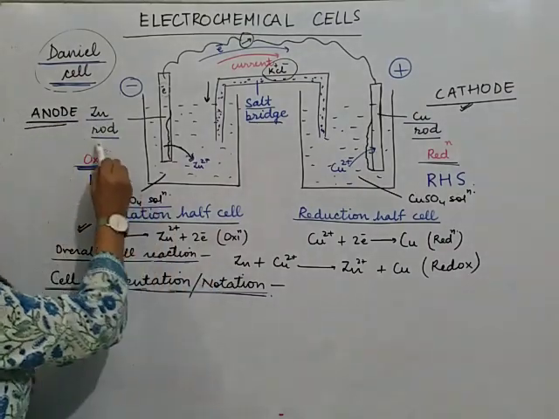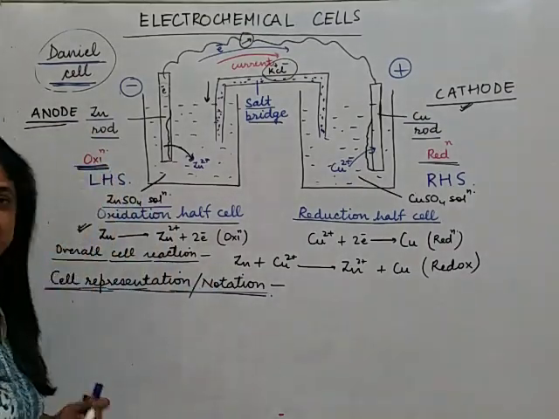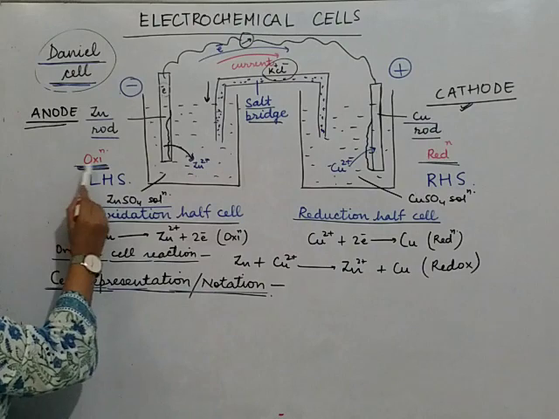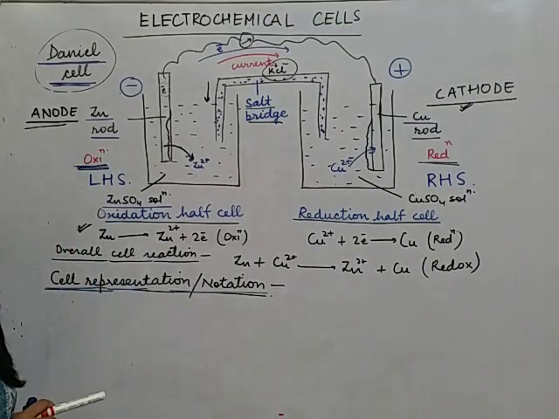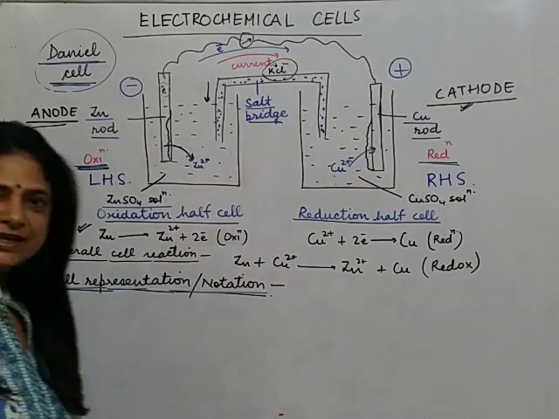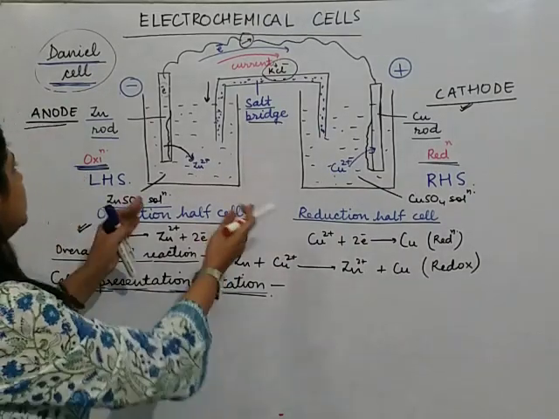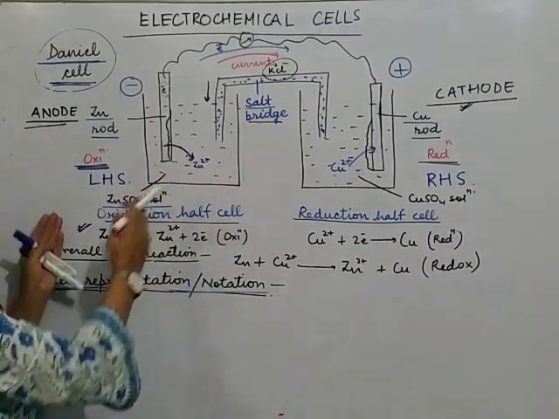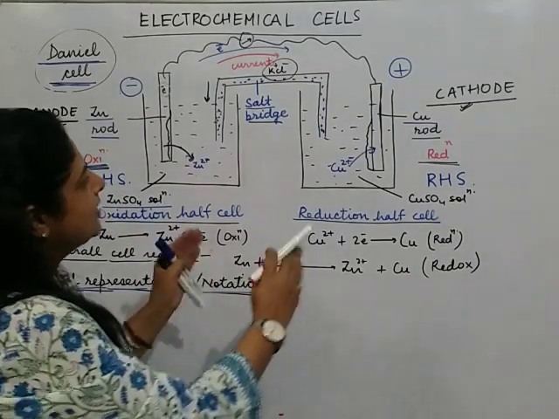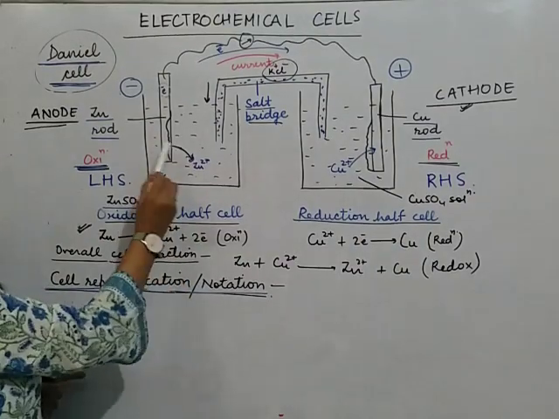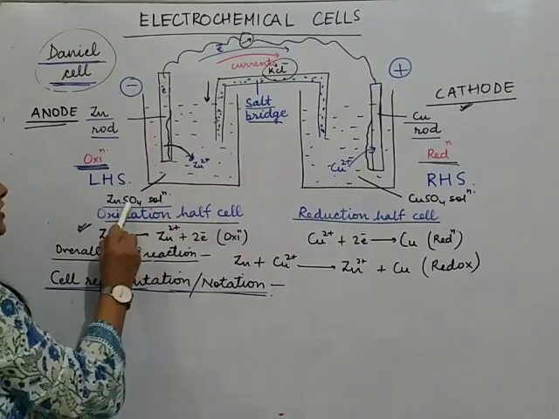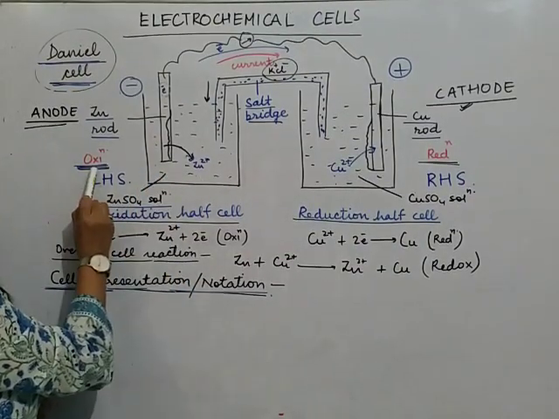The anode metal, being higher in the electrochemical series, shows a tendency of getting oxidized, and that is why it is made the anode. By convention, in electrochemical cells, we always represent the anode on the left hand side and the cathode on the right hand side. Now you can see the zinc is dipped in zinc sulfate solution and is getting oxidized.